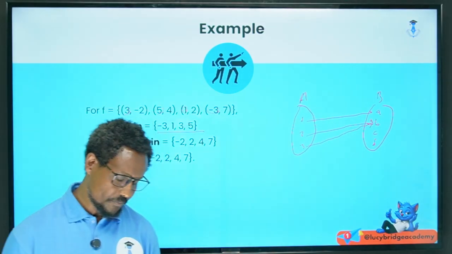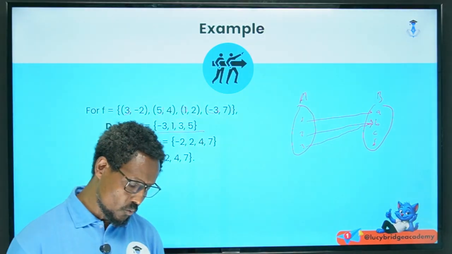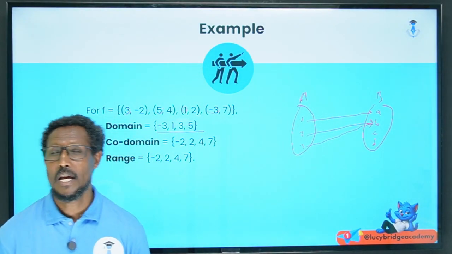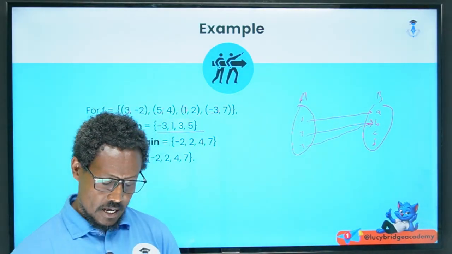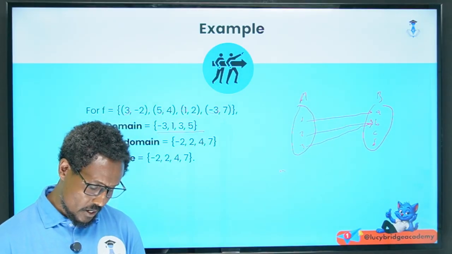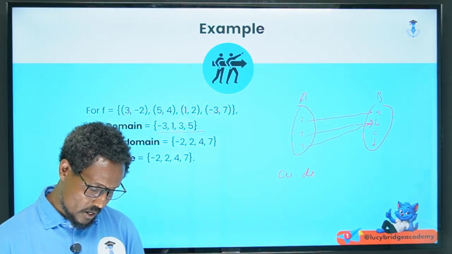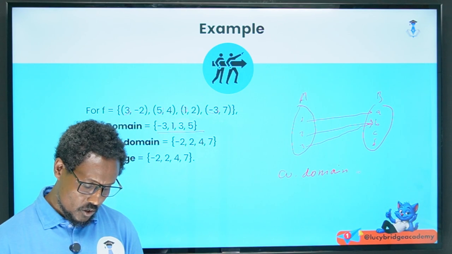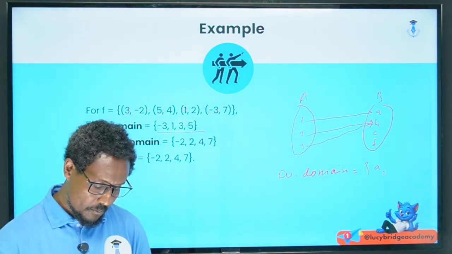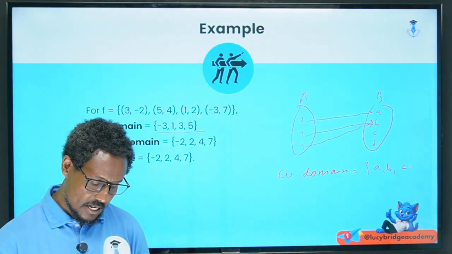In this case, the domain is 1 to 3. The domain is always the set of all possible x values, whereas the codomain is the set of all possible values, which means A, B, C, D are codomains.